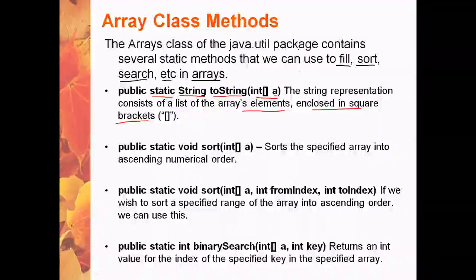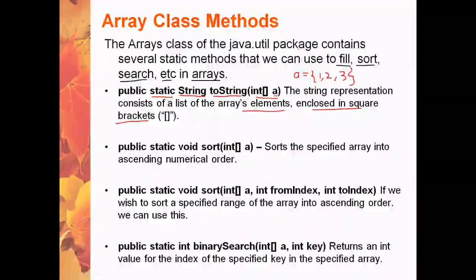For example, if you have an array A with values in curly brackets, say 1, 2 and 3. So these are the values in your array.